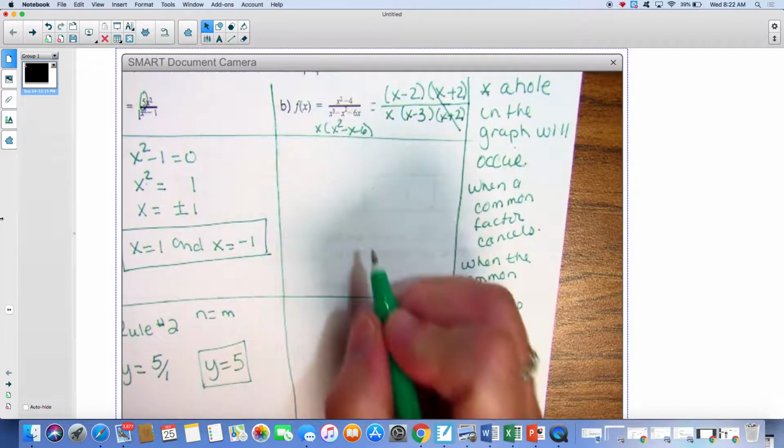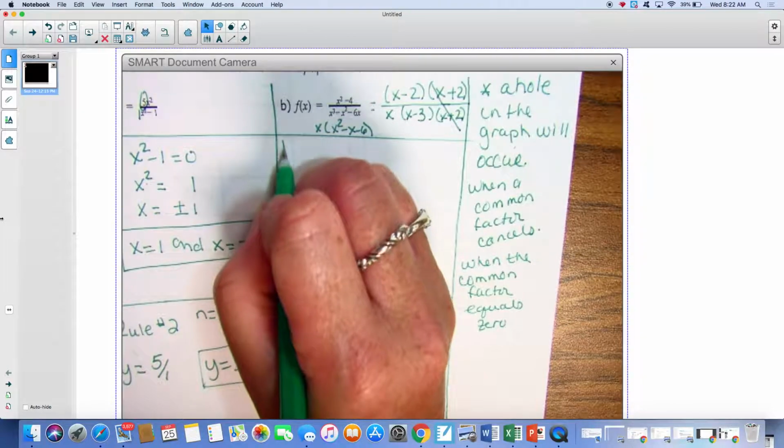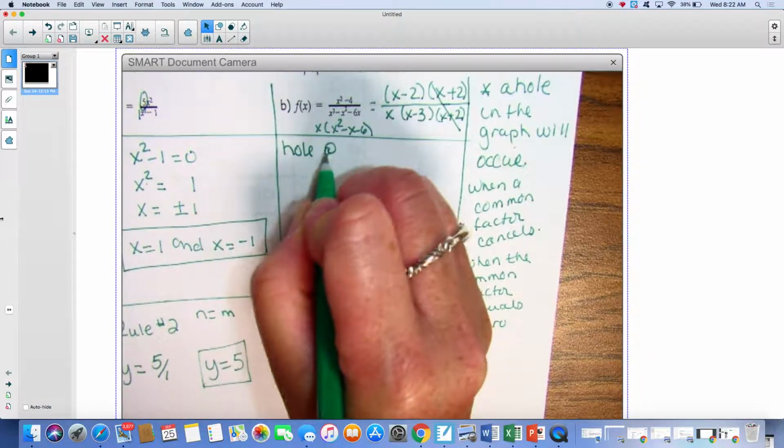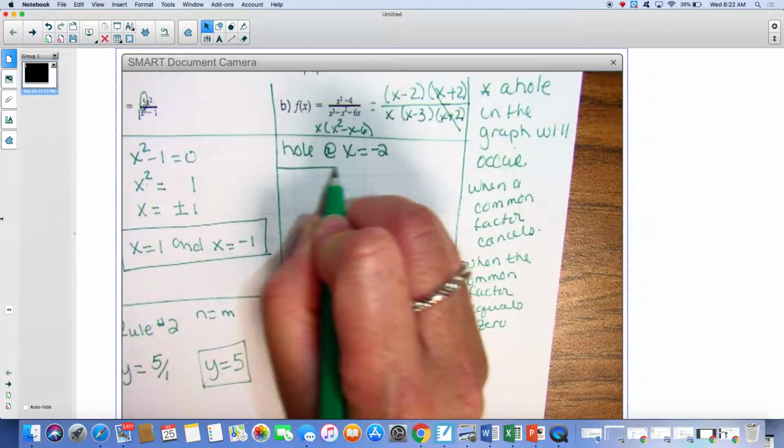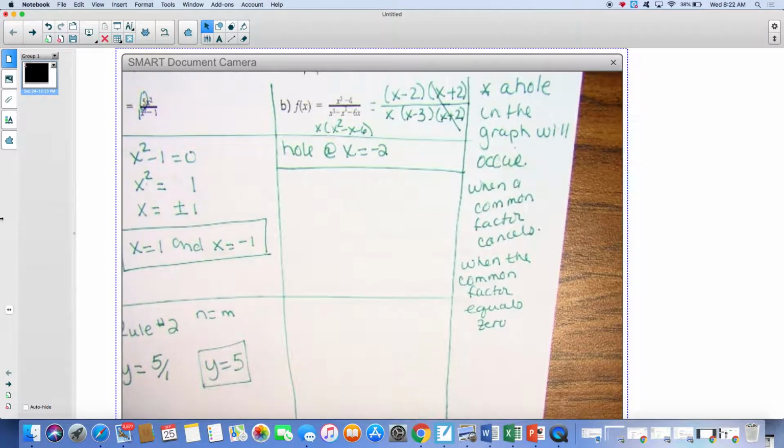So this graph has a hole at x equals negative 2. The factor cancels out. We're going to have a hole where that factor equals 0, because it's still not part of the original domain.